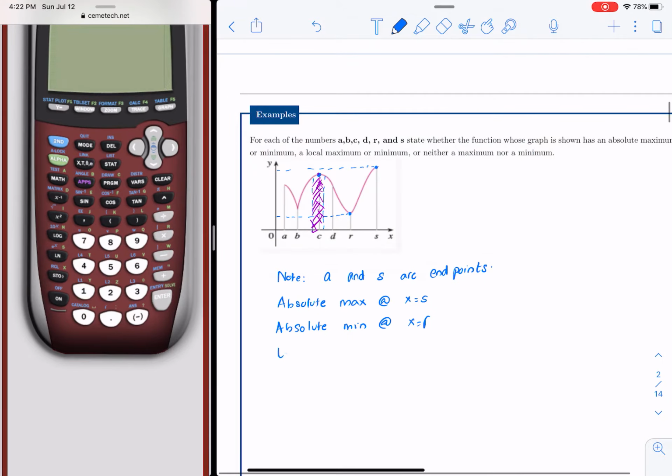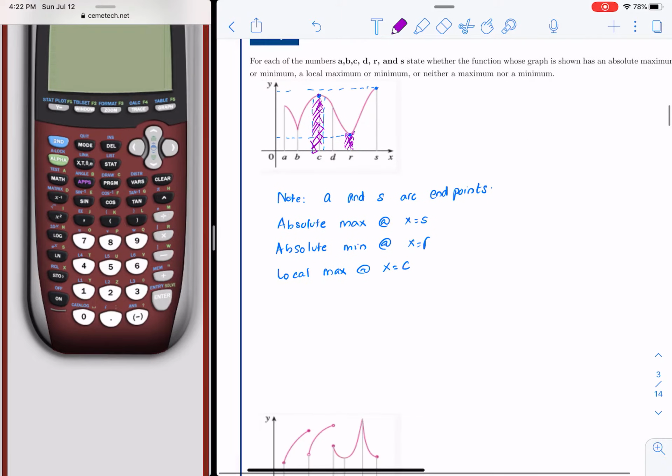So we call that a local maximum at x is equal to C. Using the same logic, we could draw a line on either side of R, and we will see that in that neighborhood, in that tiny interval about R, that value at x is equal to R is a minimum.